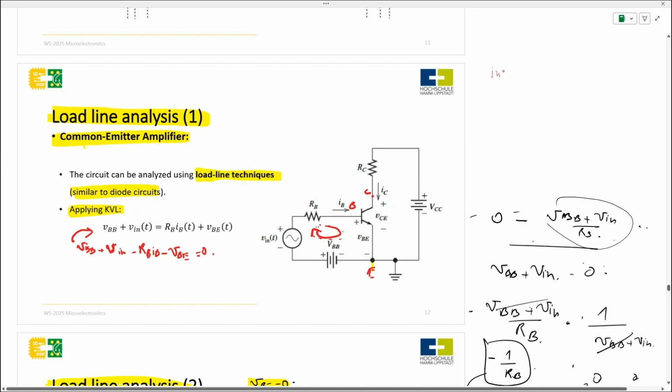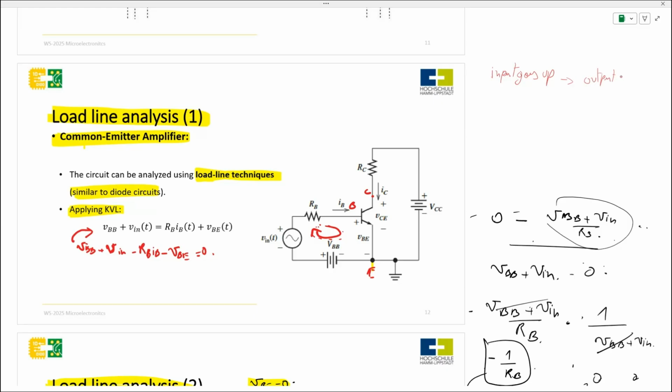When the input goes up, the output goes down. But when the input goes down, the output goes up. This is basically what we mean.